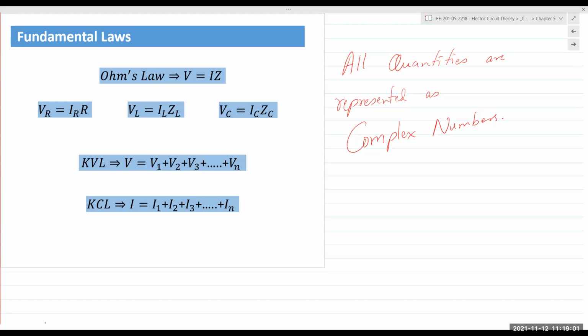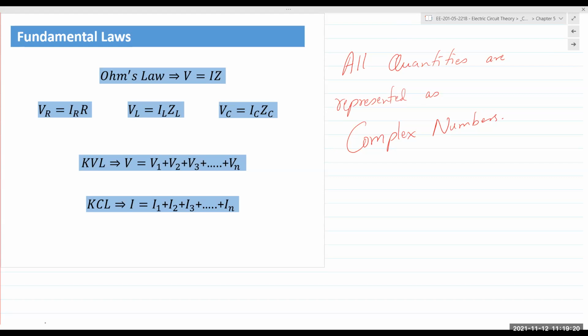So when you have complex numbers V1, V2, V3, they have magnitude and phase angles. If we just measure with the meter and try to add up V1, V2, and V3, they would not work because we are not taking the phase angles into account.